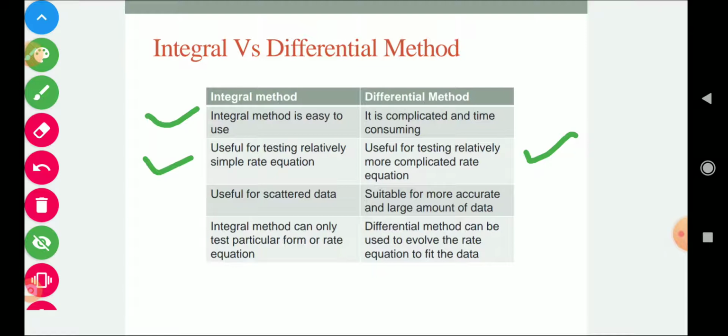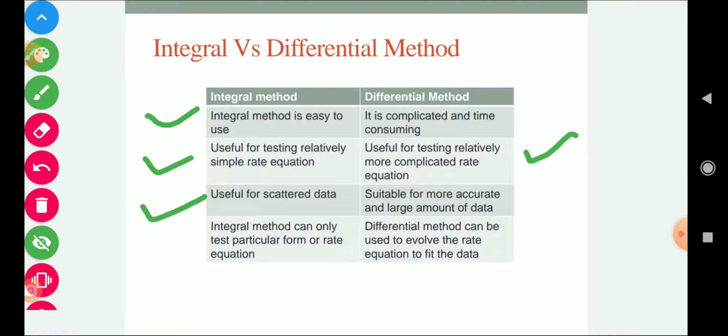That is very difficult to solve by integral methods, but it is comparatively easy to solve that type of equation using differential method. Third, the advantage of integral method is that this is useful for scattered data.